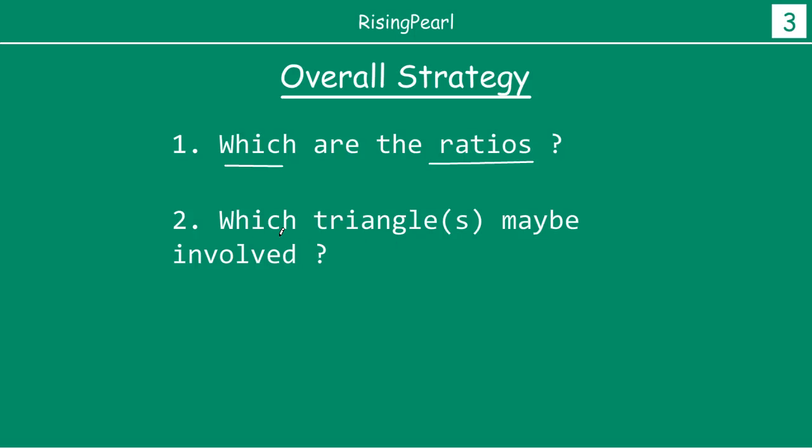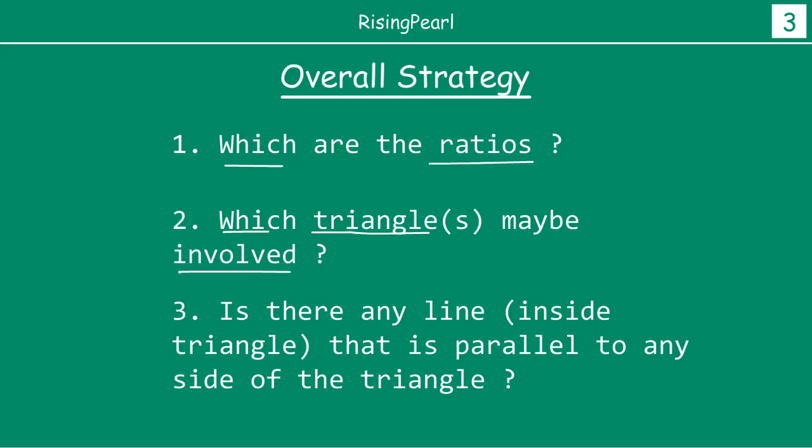Second, which triangles are involved or may be involved. So we will be keeping an eye out for which triangles are involved in the question. And finally, we are also going to be looking at, is there any line inside the triangle that is parallel to one of the sides, and which side?